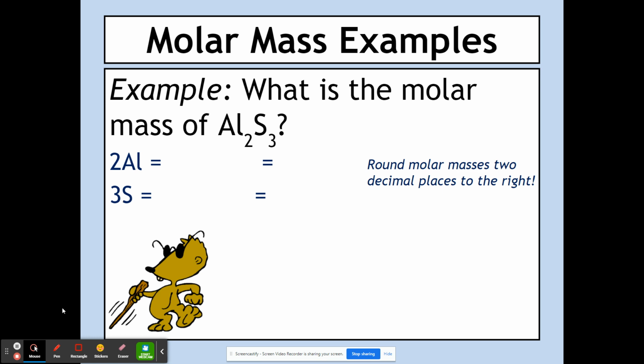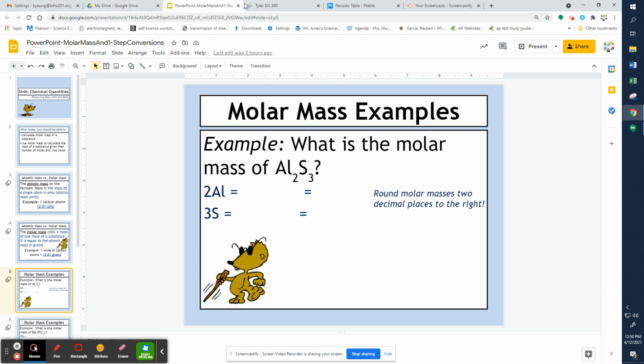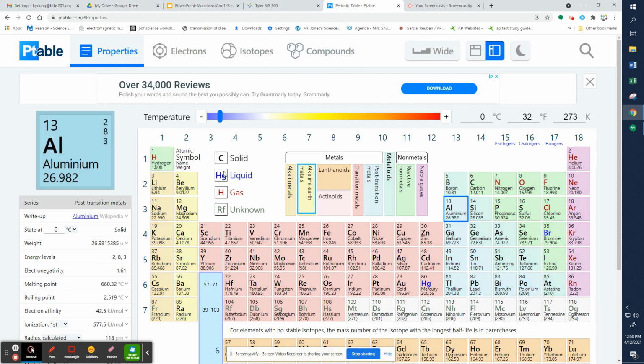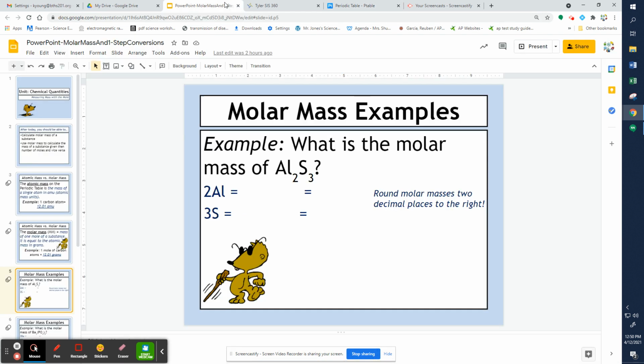So I'm going to look at the periodic table. Our first one we're going to talk about is aluminum. If you look over here, we're going to round this to 2 decimal places. So instead of 26.982, I'm just going to say 26.98.